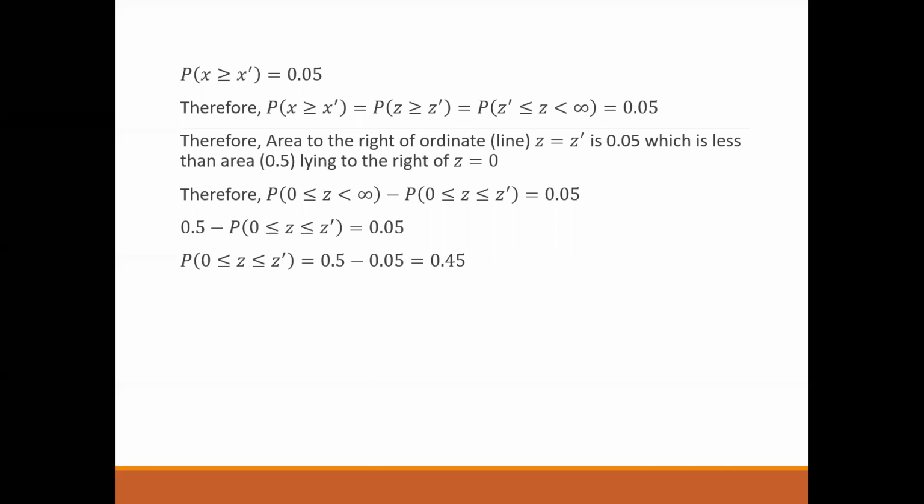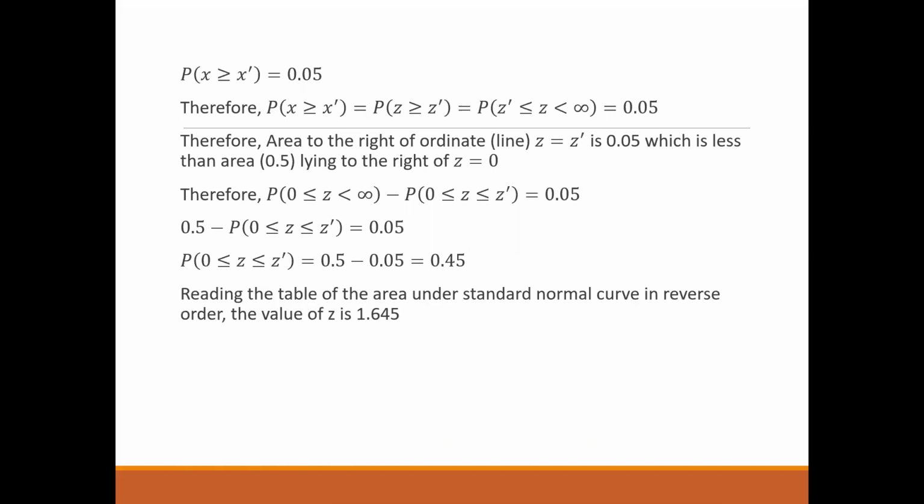Now refer to this in reverse order in your standard normal curve table, and you'll find that 0.45 corresponds to 1.645. So that table is very important, your standard normal curve table. This will give me the value of 1.645.